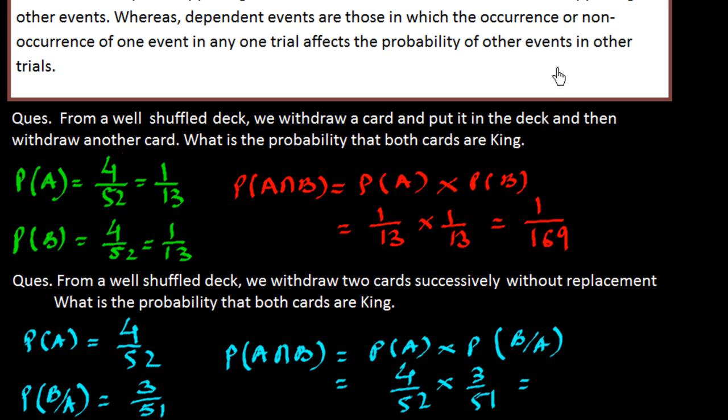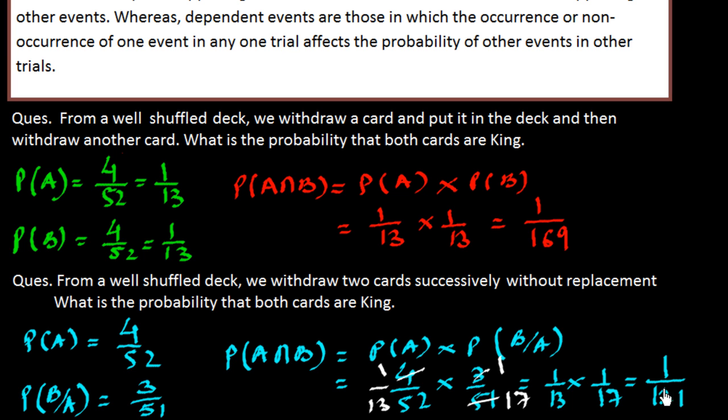If we simplify this, we get here it is 1 over 13, here 3 1 times, 3 17 times. So 1 over 13 into 1 over 17. So finally we get here which is 1 over 221. So this is finally we get here the probability of getting that both the cards are king.